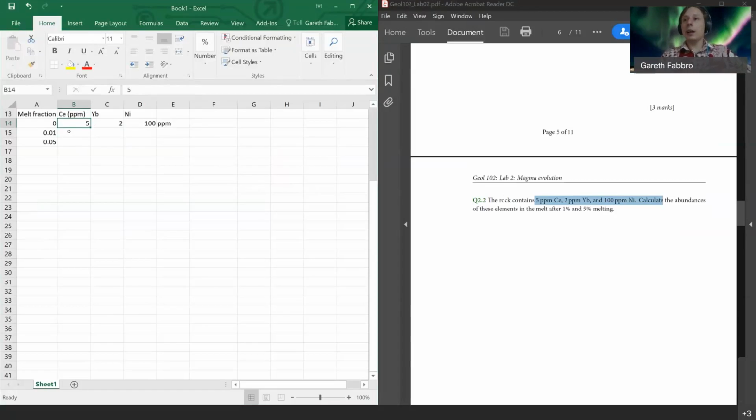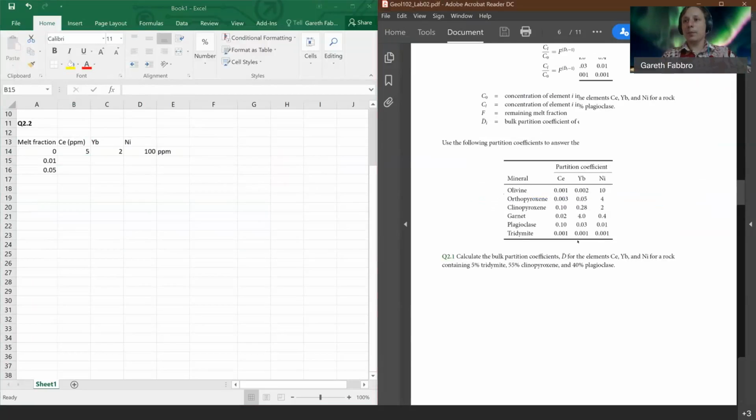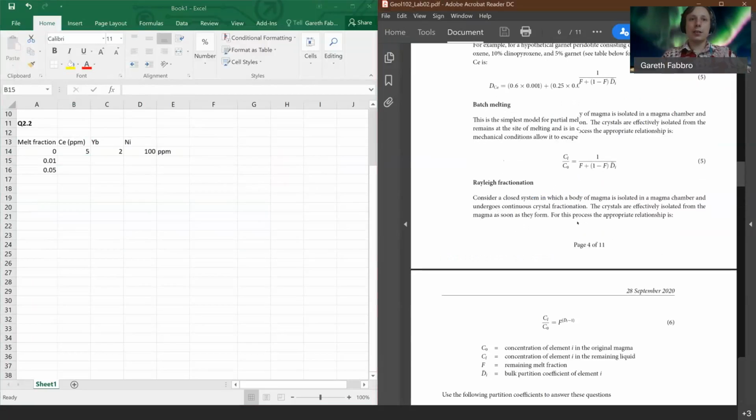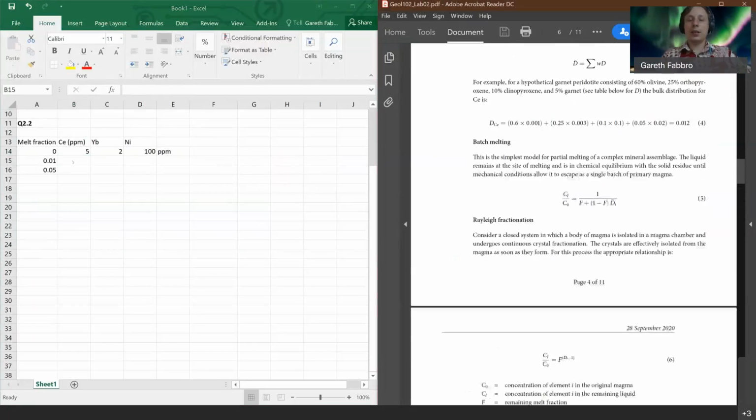So now we have C0. We know what melt fractions we're after. We can actually work out using the equation CL over C0.